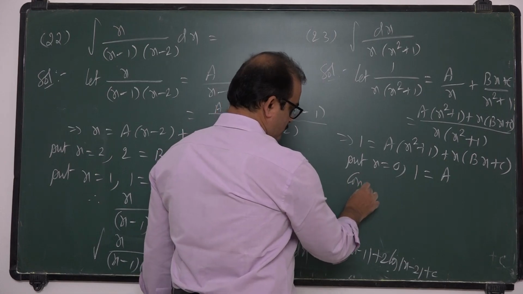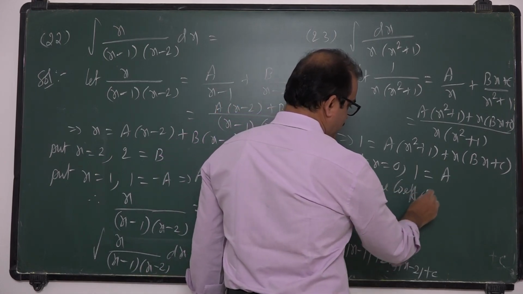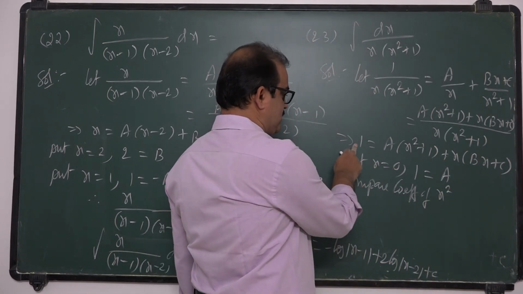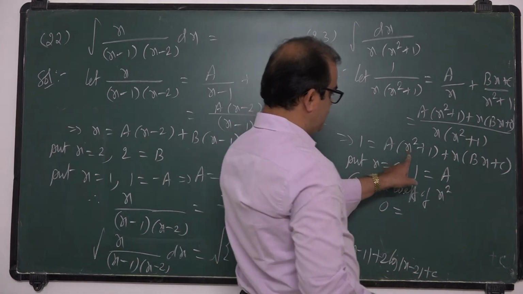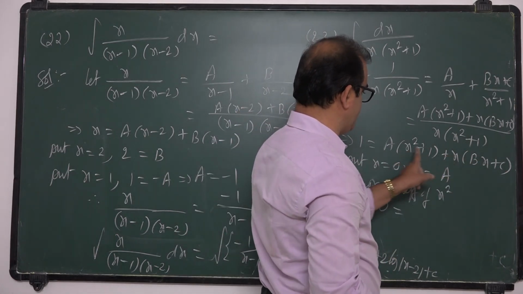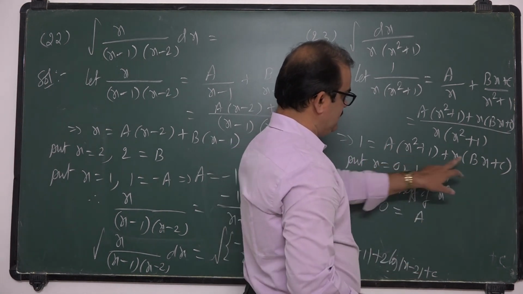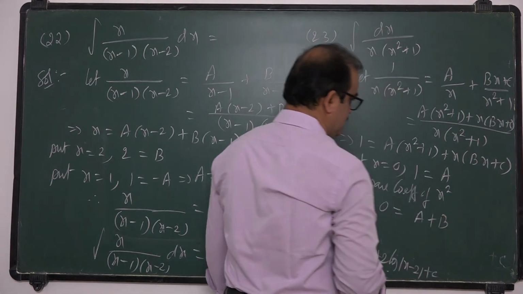Now compare the coefficient of x square. There is no x square term in LHS. So 0 is equal to, what is the coefficient of x square in RHS? a, and bx into x gives bx square. So a plus b.